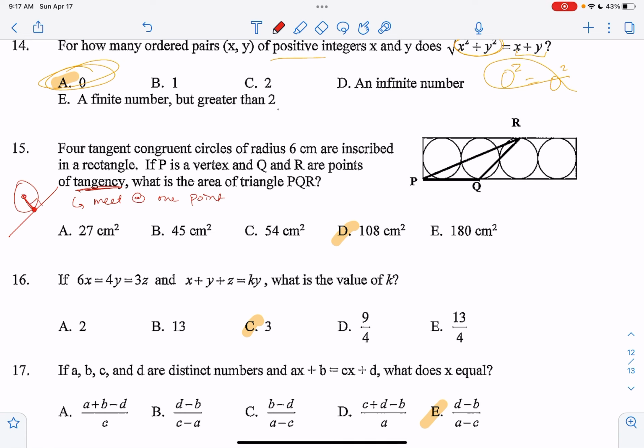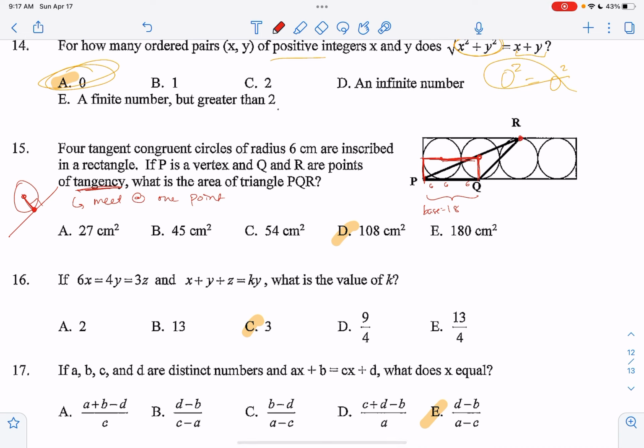Now the radius is 6, so if you measure the radius to this rectangle P with PQ, it will be 6, 6, and 6, or 18. So that's the base. And the other thing you need to find is the height.